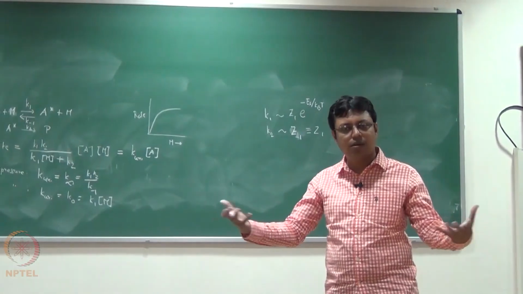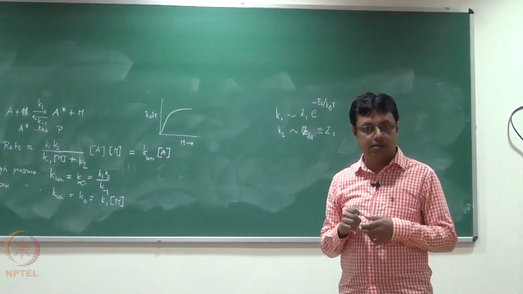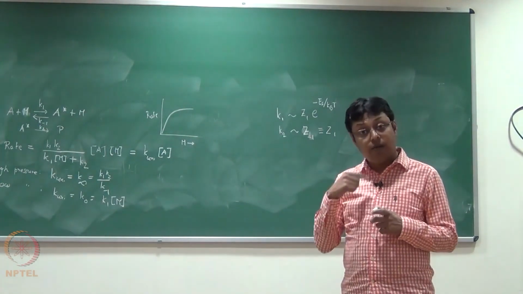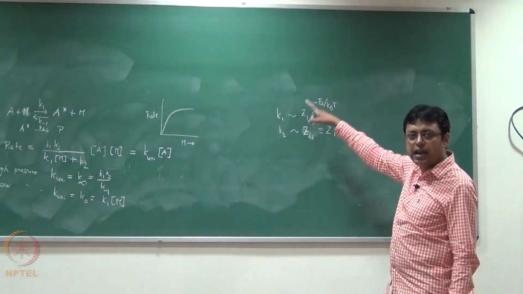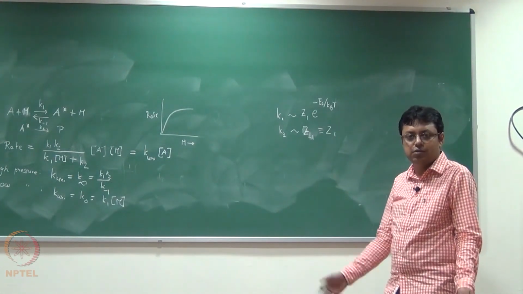What is the total number of molecules, what is the temperature? But A star is actually going into the internal energy. So the deactivation of the activation doesn't matter. But for activation, I definitely need to cross the barrier. For deactivation, the assumption is that you don't need to cross any barrier. You can deactivate, just lose the energy.